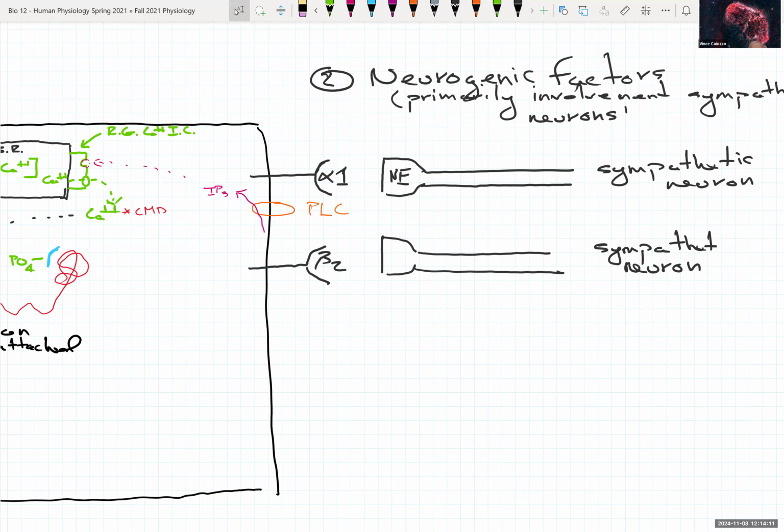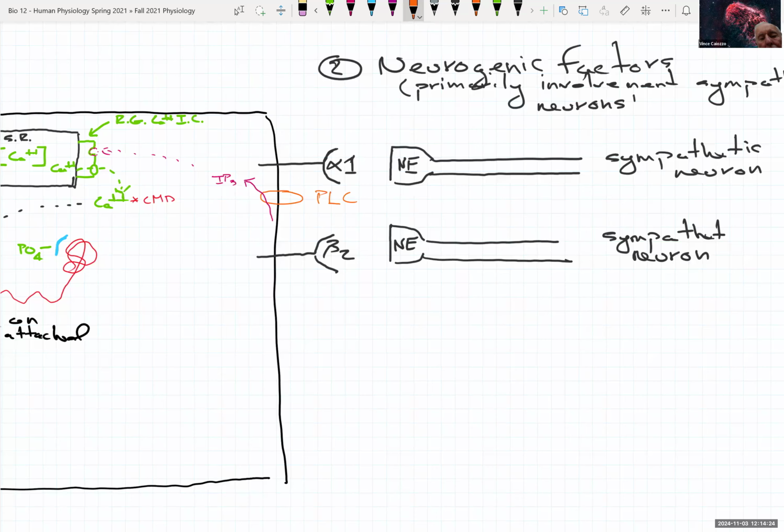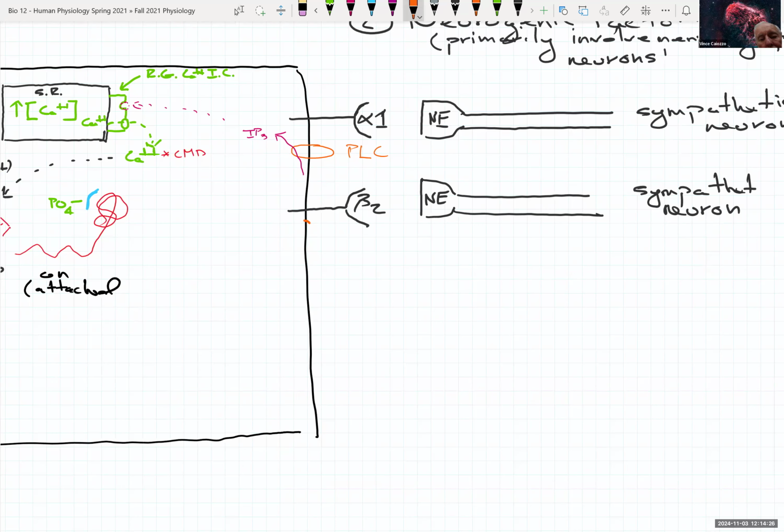And in this case, you know that when norepinephrine binds to the beta adrenergic receptor, that acts on a stimulatory G protein. And ultimately, that's going to lead to an increase in cyclic AMP levels.